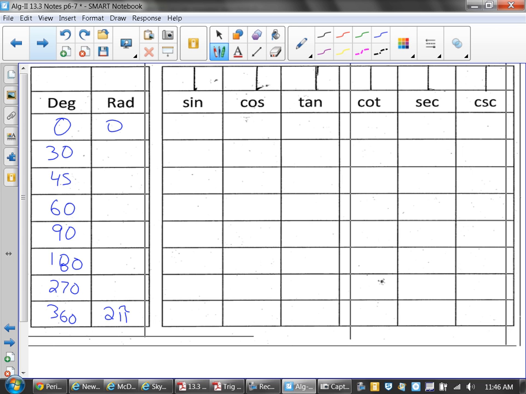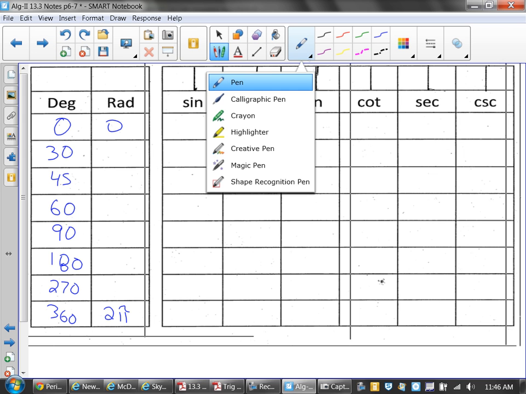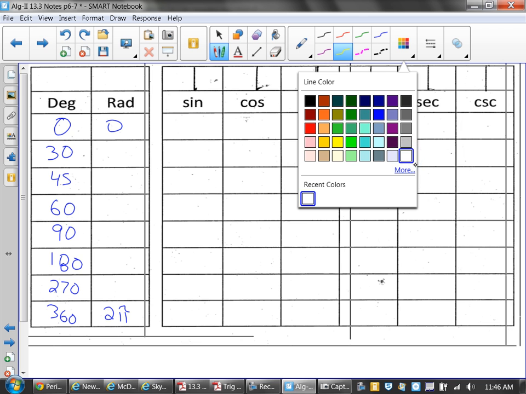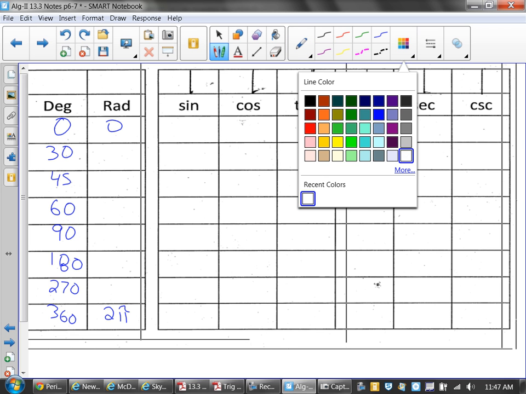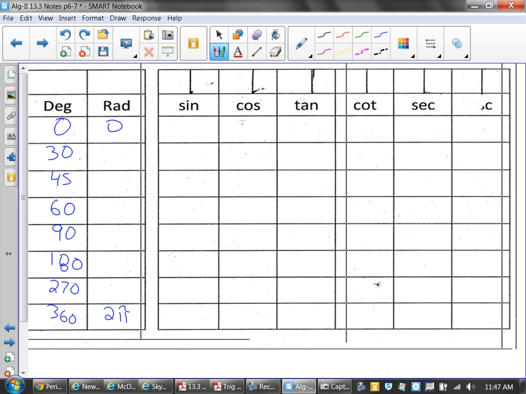Now, with the sines and cosines, one thing I want you to change. Where it says cosecant and cotangent, I want you to flip-flop those.